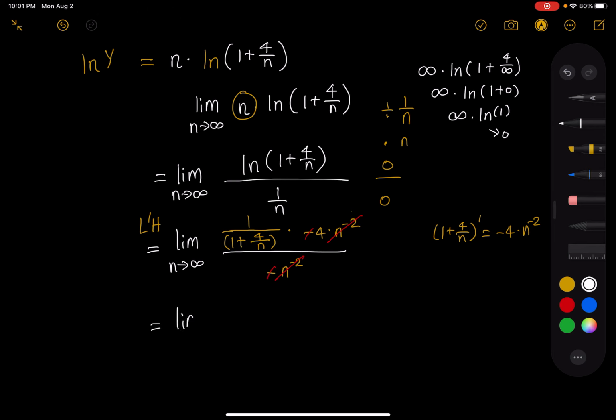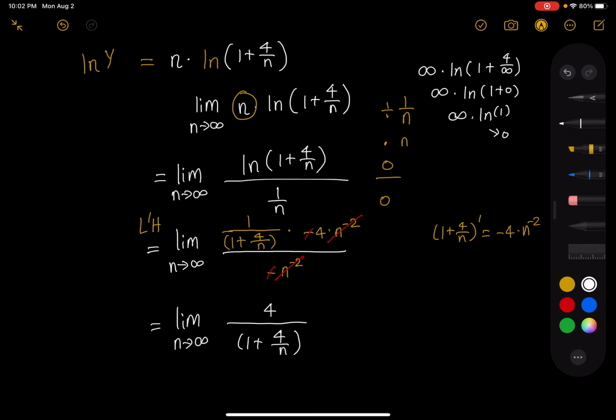So we have the limit as n goes to infinity. Now it's basically dividing the numerator by 1, so just the numerator remains: 4 over 1 plus 4 over n.